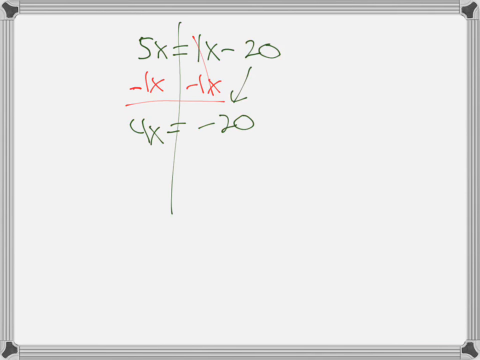Bring down the minus 20. Last step to get x alone: divide by 4. X is minus 5. And there we go. X is minus 5.